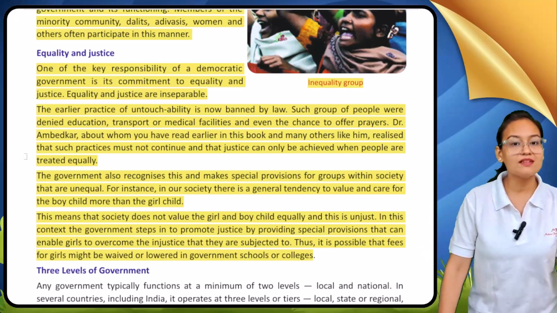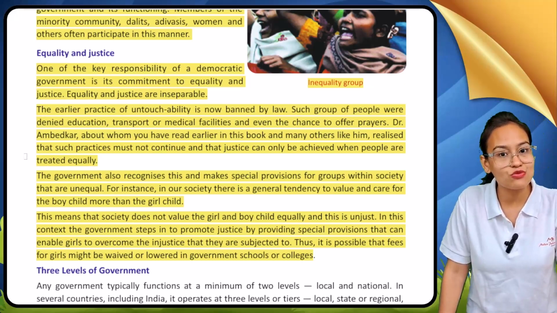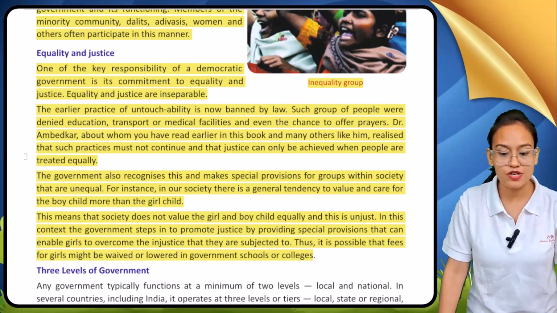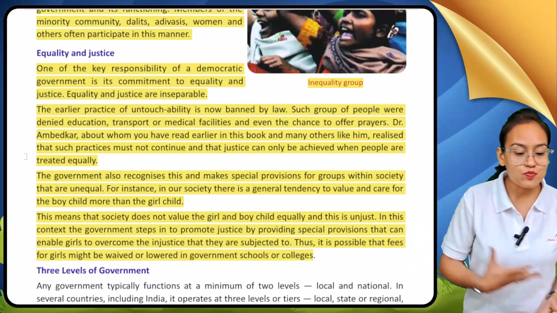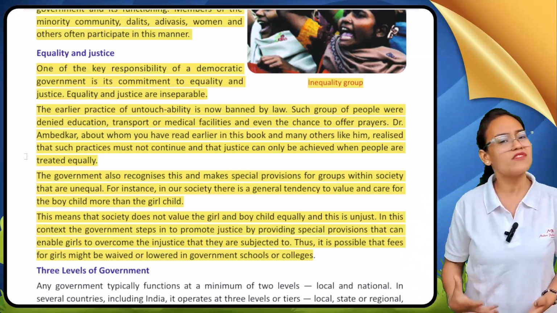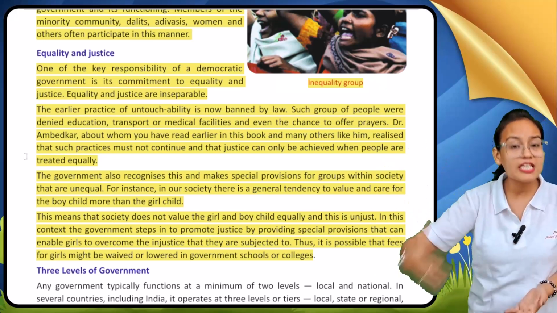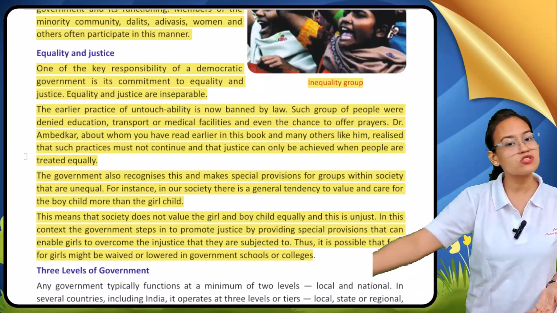Dr. Ambedkar, you all know, my dear students, is known as the father of our constitution. Dr. Ambedkar also belonged to the Dalit community. He immediately realized that these practices were very cruel. If these practices continued in our country India, then the upcoming generation would suffer a lot.